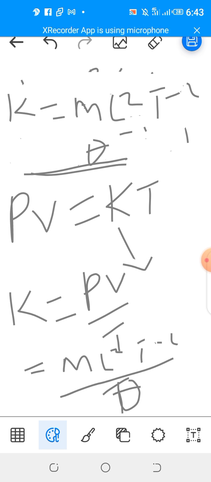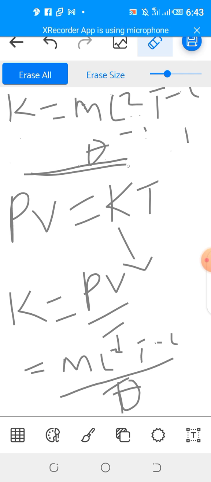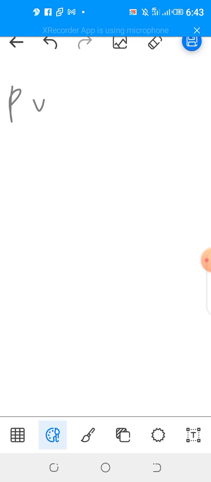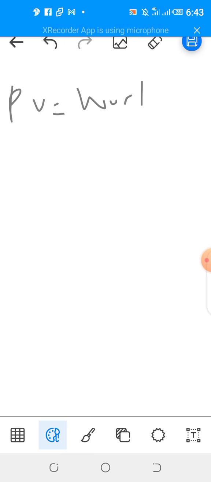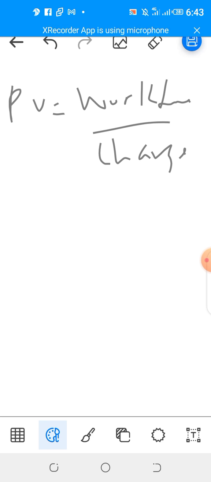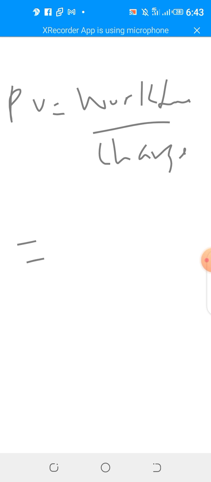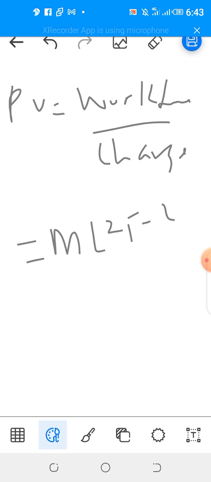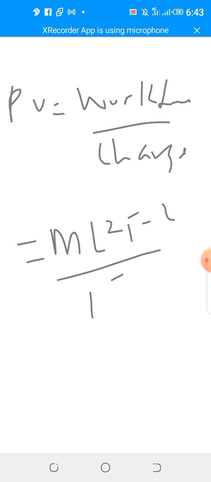Okay, now potential difference equals to work done over charge. So work done is the same thing as energy, which is what? mL2 T minus 2 over charge. You know that charge is Q equals to what? IT. So IT.